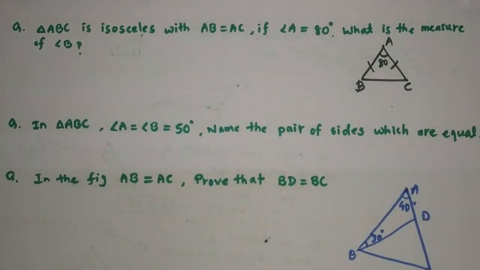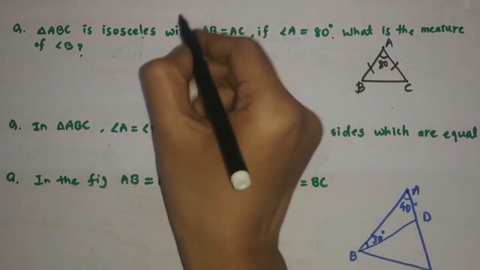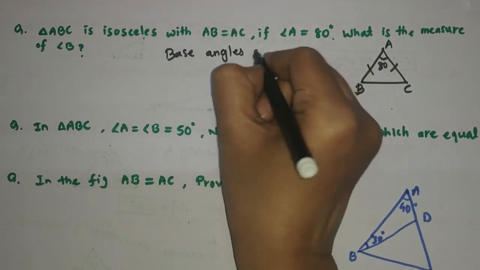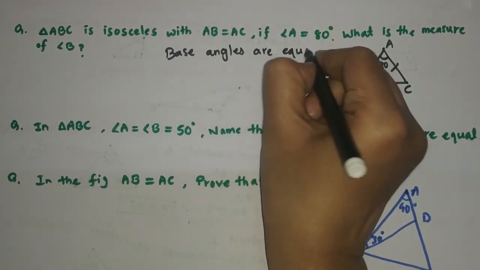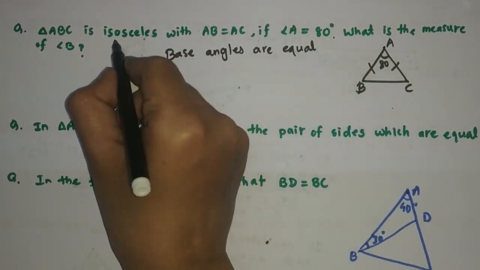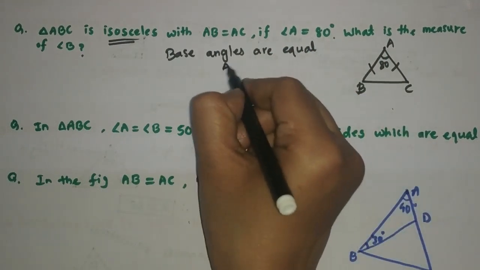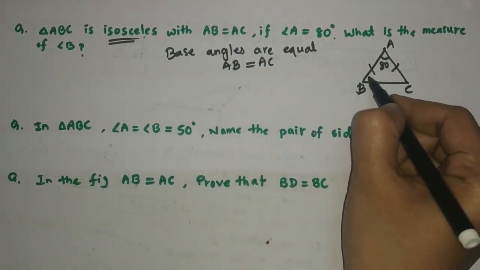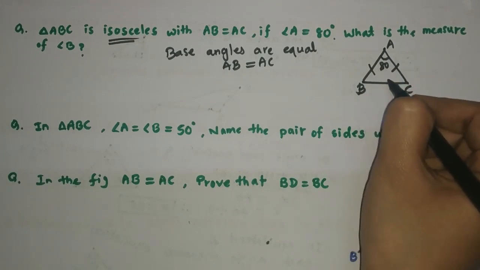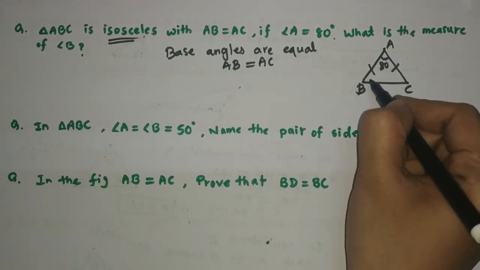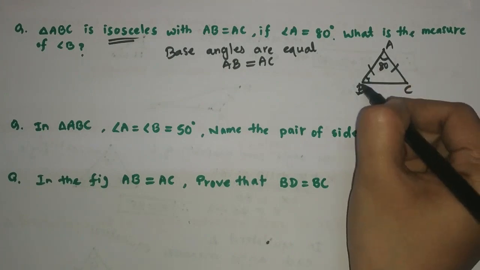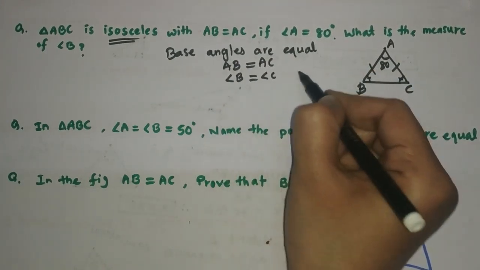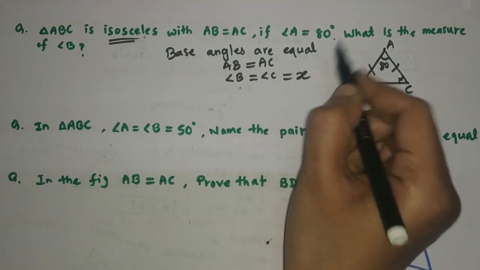So we know that base angles are equal in an isosceles triangle. Here side AB is equal to side AC. It is given. So the angles opposite the equal sides are also equal. Opposite AC is angle B, and opposite AB is angle C. Therefore angle B is equal to angle C. Let us consider both are x.